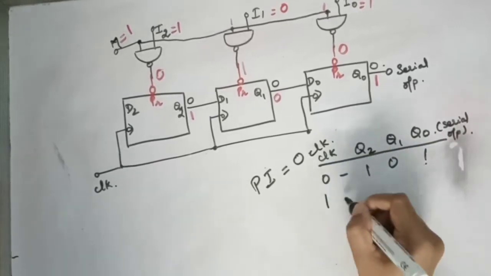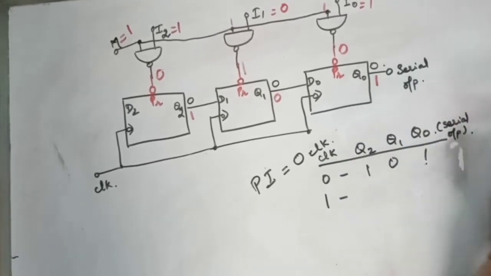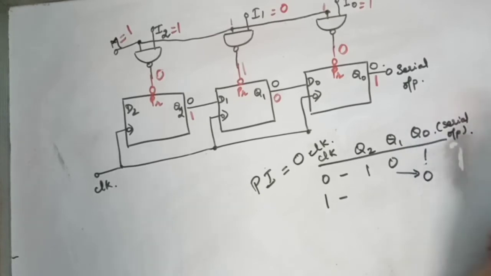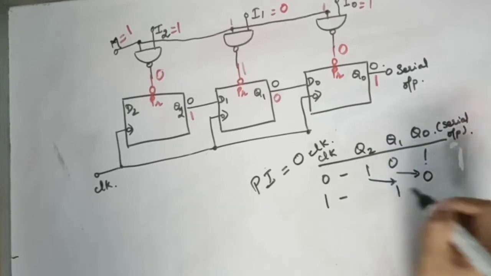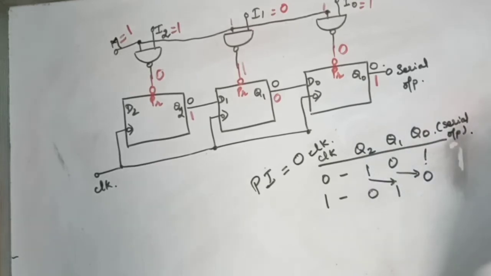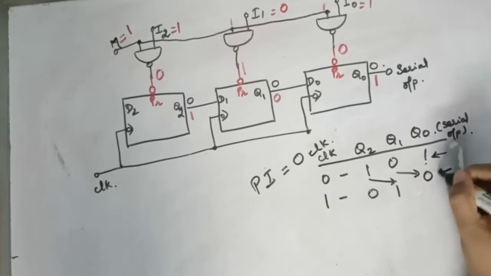Now if I apply a clock, what happens? Everything will shift, sorry, from left to right. So this is already gone, this 0 will come here, this 1 will come here, here there is nothing, so that will be a 0. So I got the second bit.